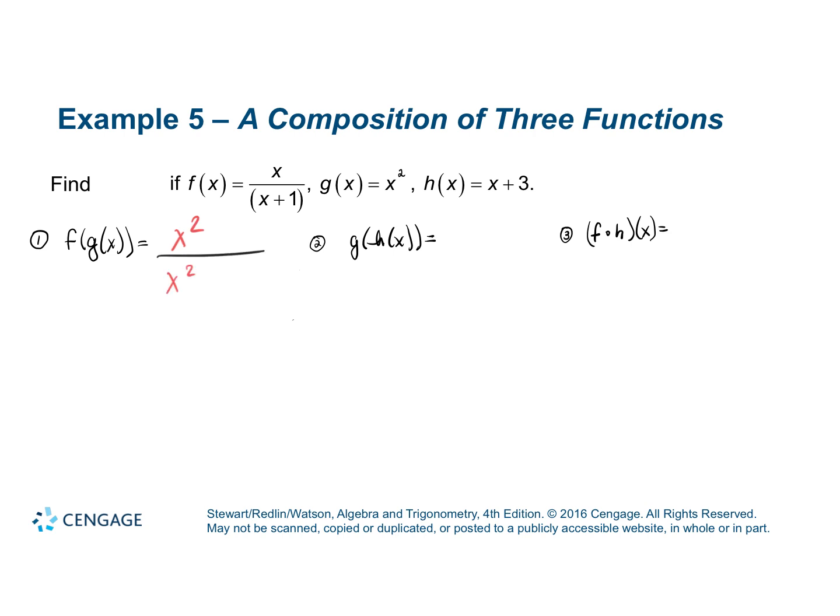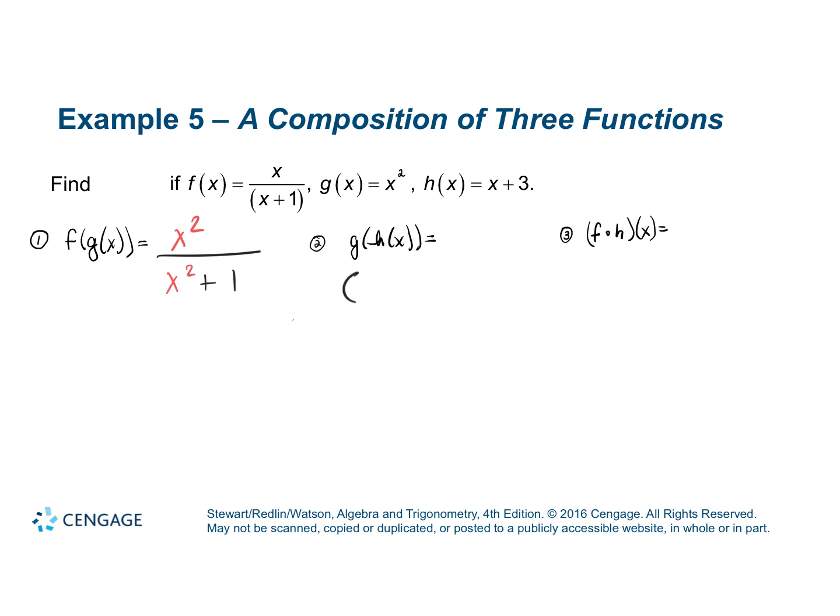x squared plus 1. Now they're not asking us for the domain, but this would be the way you plug this one in. There's nothing else you can do to it to simplify it. Now for g of h of x, we're going to plug the x plus 3 anywhere there's an x squared.